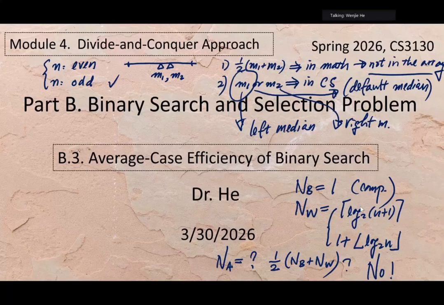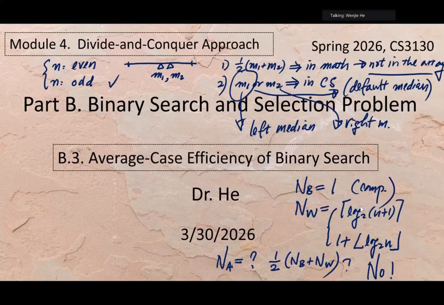Because when we calculate the average case efficiency, we need to factor in all the possible cases. For all the possible cases, we need to consider the distribution of the cases. For some of the cases, you need one comparison.